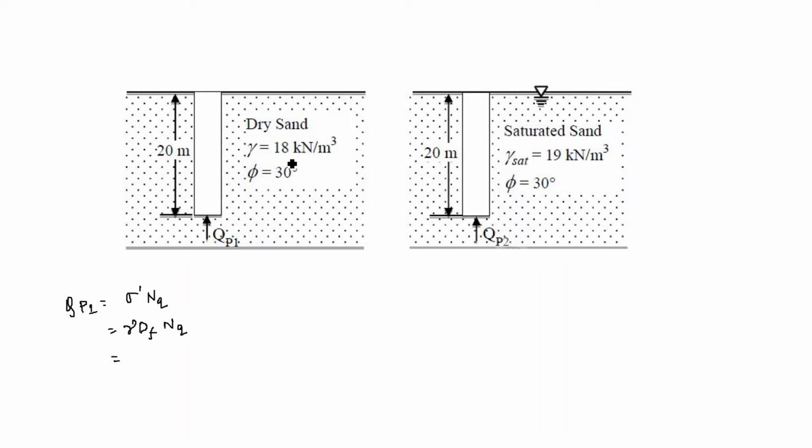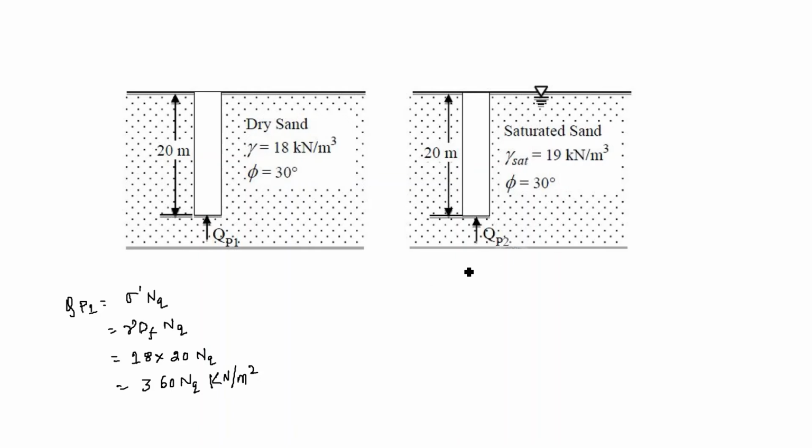The value of gamma is given as 18, and the depth of foundation is given as 20, so this will be 360 Nq kilonewton per meter square.